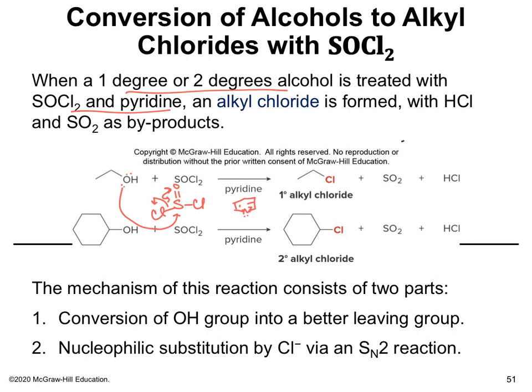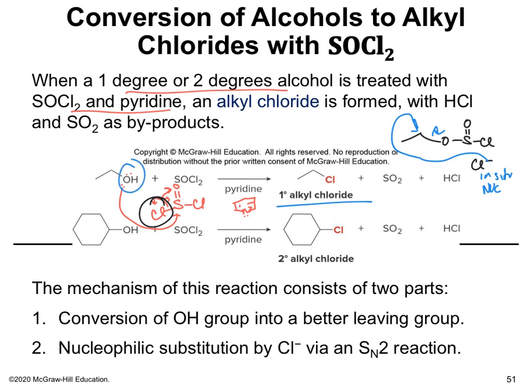So this becomes this compound here. But also, when this Cl minus leaves, it becomes your in situ nucleophile. And so then it does an SN2, and you get the replacement of the OH functional group with a chloride.